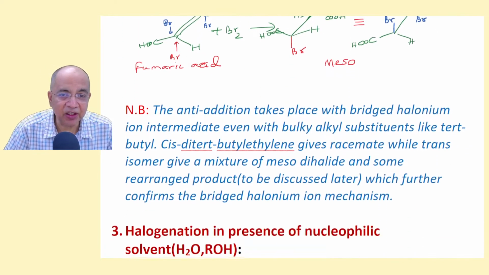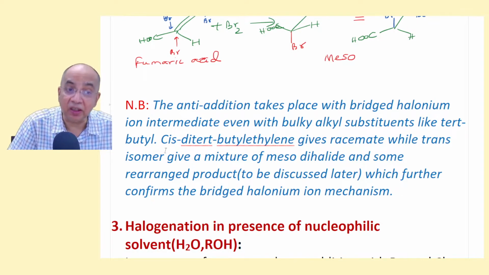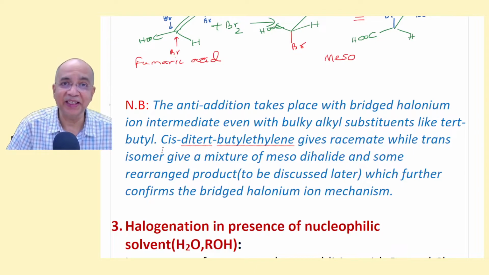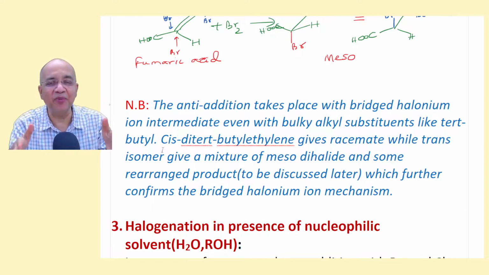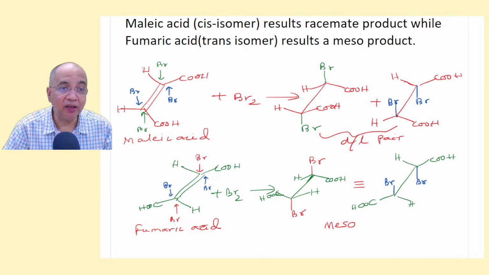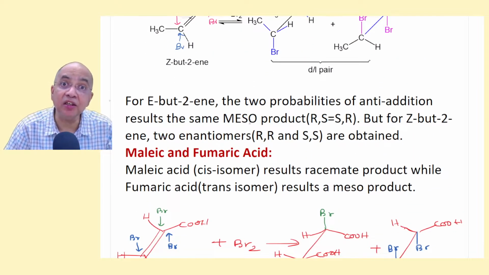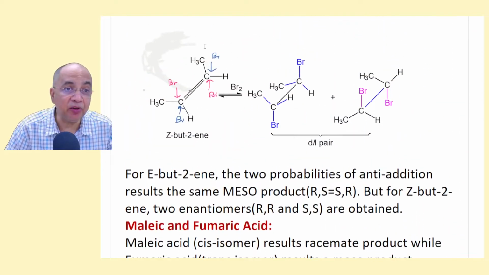The anti-addition takes place with a bridged halonium ion intermediate even with bulky alkyl groups like tertiary butyl. That's the beauty. That's the reason why I kept this video separate. Even if the group here, instead of methyl, is tertiary butyl, there can be a lot of steric hindrance in the cis isomer.